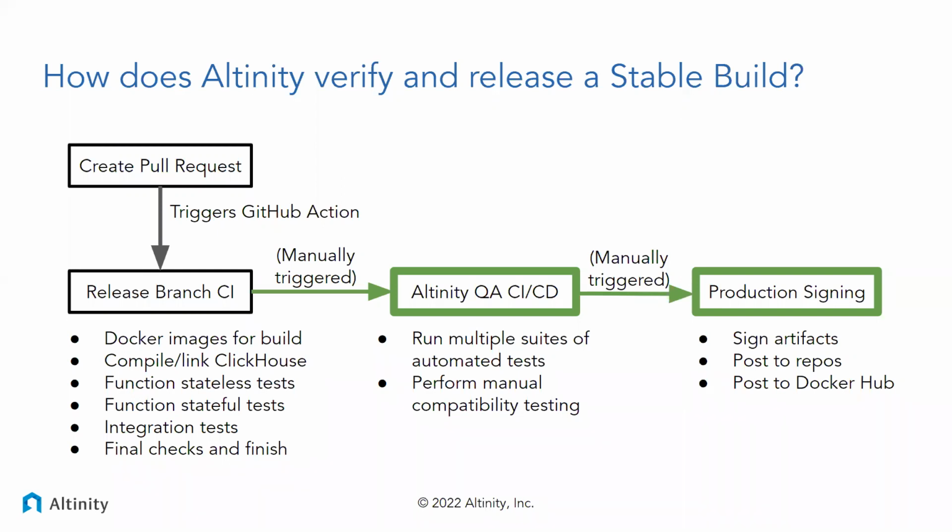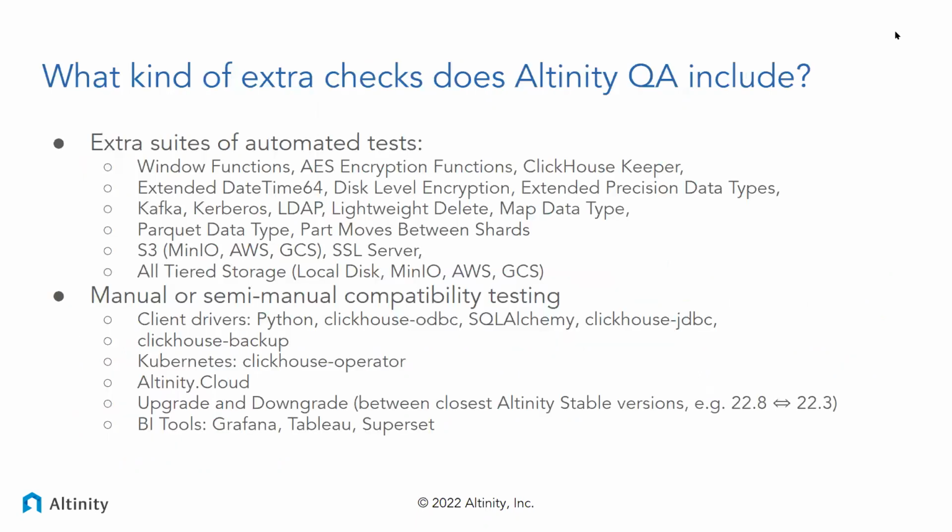Then, with the sign off, they create a huge report with all the checks that were performed. And once we consider that build good for production, we manually trigger the signing stage, and all the binaries appear on our Artifactory, and that also posts the images to Docker Hub.